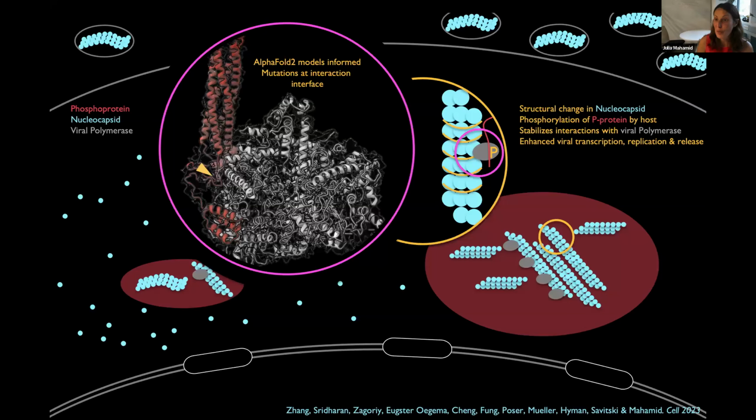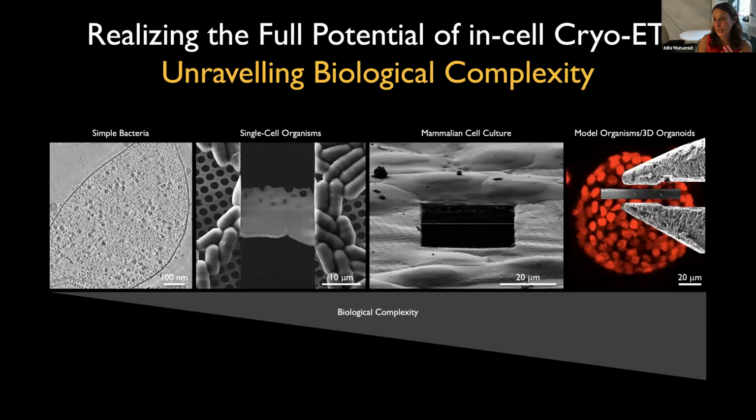And so to sum up, I think we are in a very exciting time of cryo-electron tomography, allowing us to touch on these very different levels of biological complexity, thinking about complexity from the cell model level.